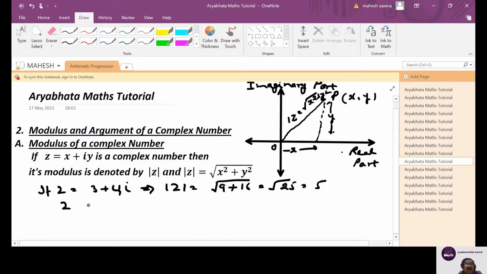Similarly, if z is equal to 1 minus i, implies that modulus of z is equal to under root, x is 1, its square is 1, y is minus 1, its square is again 1, that is under root 2. Therefore, modulus of 1 plus i is under root 2.